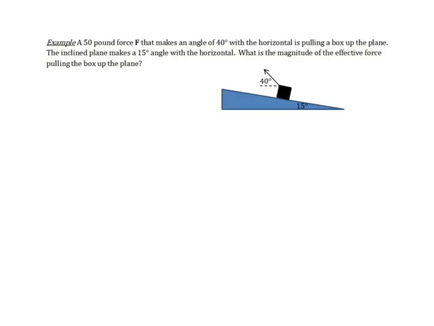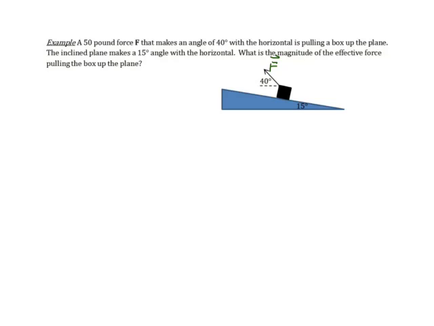All right, let's look at a little application here of these projections. Here we have a 50-pound force F that's making an angle of 40 degrees with the horizontal. All right, so this is our vector F right here.